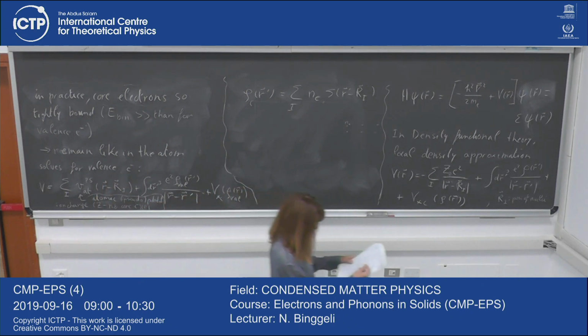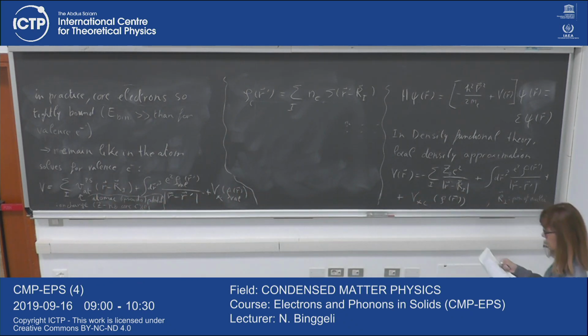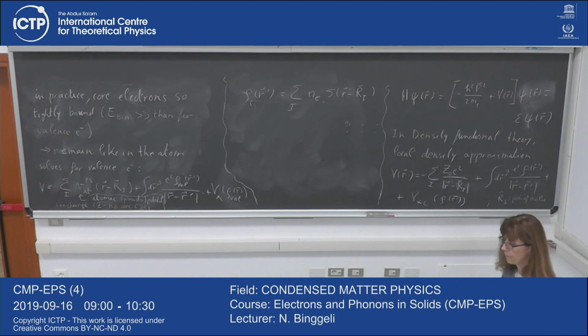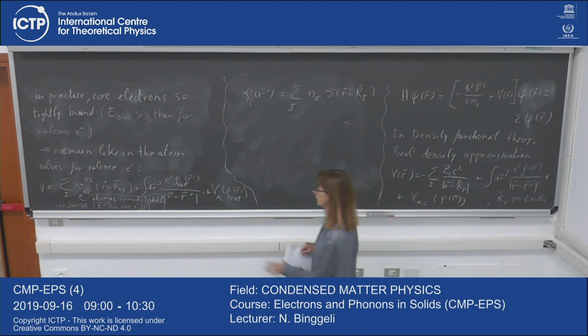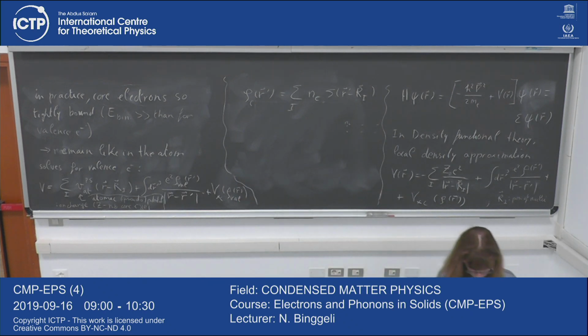So this is the approximation that we will make in general: we solve just an effective equation with a potential that acts just on the valence electrons.